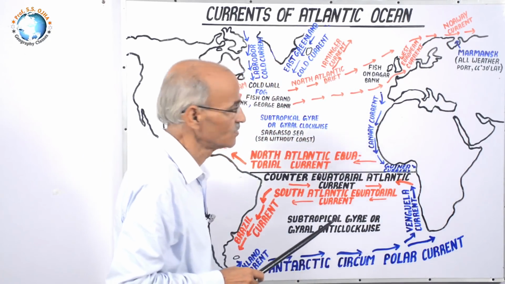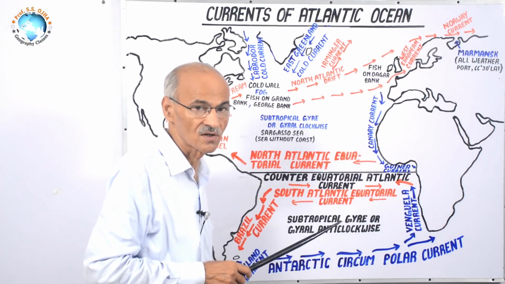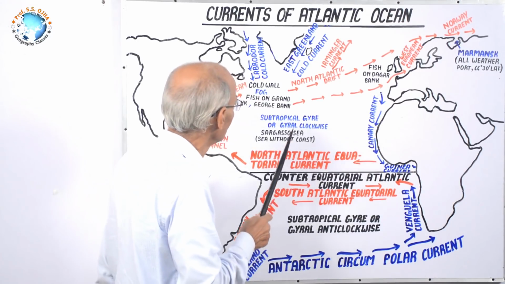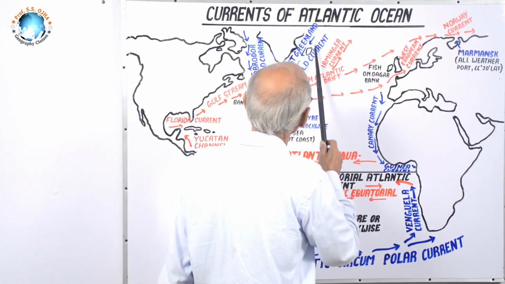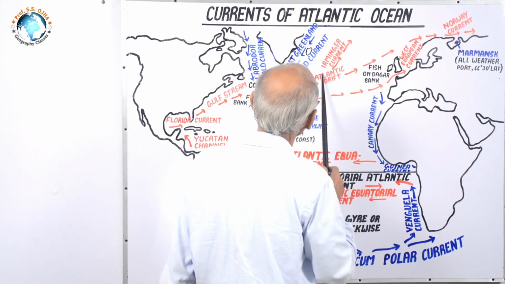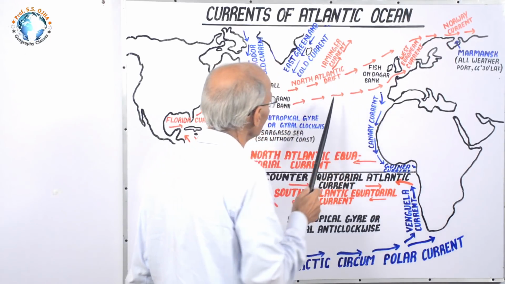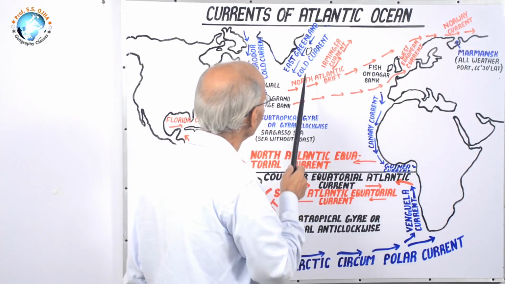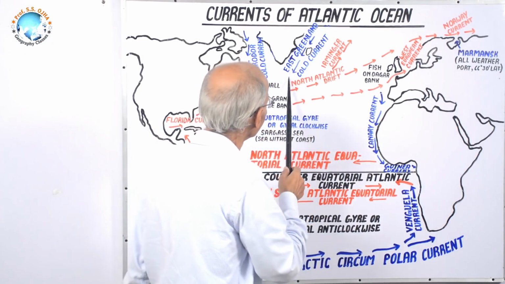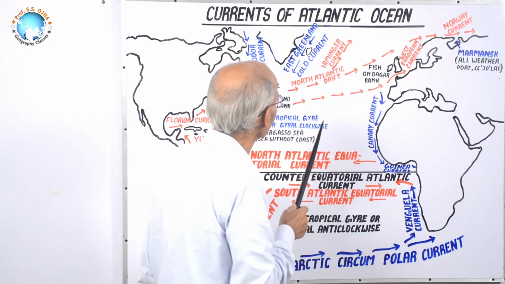So you should be ready to give the answer scientifically. Now come here. This is Iceland. To its east it is called the Irminger Current, and to its west it is called the East Greenland Current.